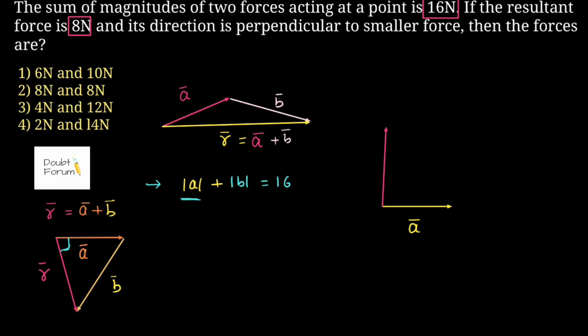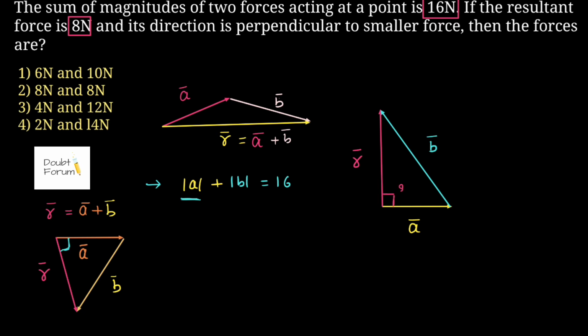The resultant vector makes a 90 degree angle with the smaller vector, so this angle here is 90 degrees. All we have to do is connect these two, and this would be our vector B. So this is our vector B, and this one is our vector R, the resultant. It is given in the question that this angle is 90 degrees.